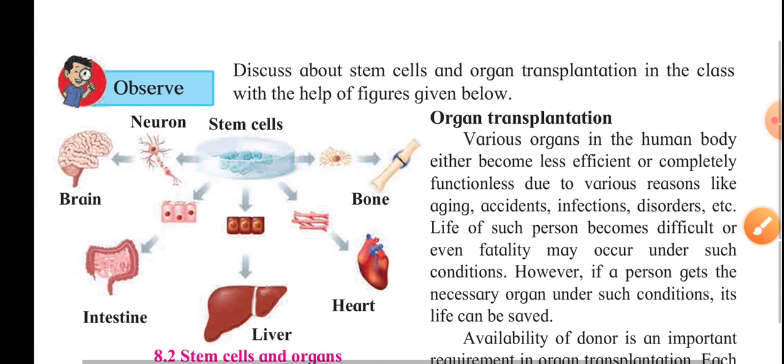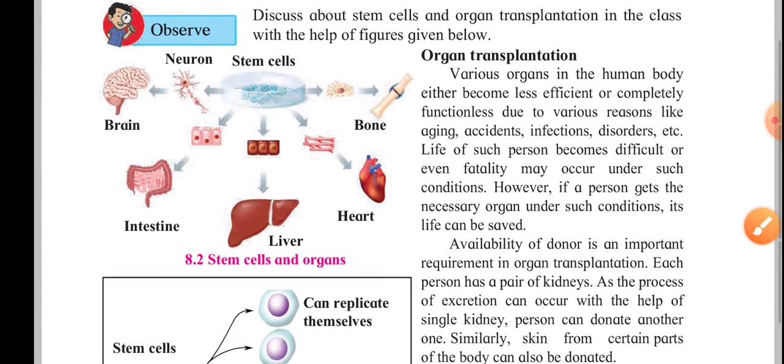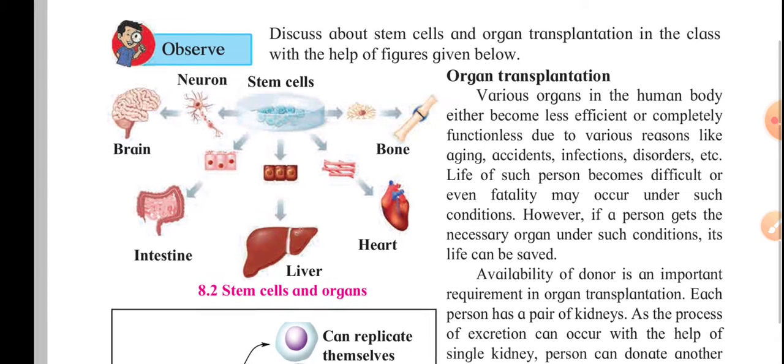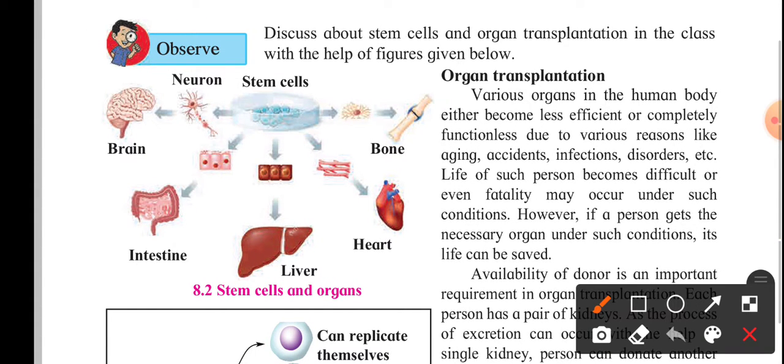Further is organ transplantation. With the help of stem cells, various organs can be made in the laboratory, that is neurons for the brain, then tissue for the intestine, then liver, then the heart, bone.